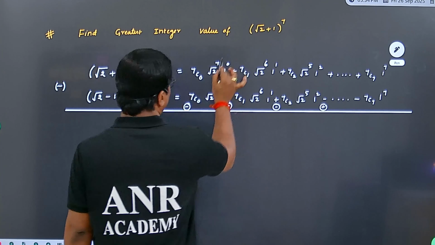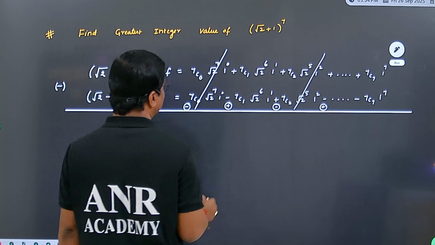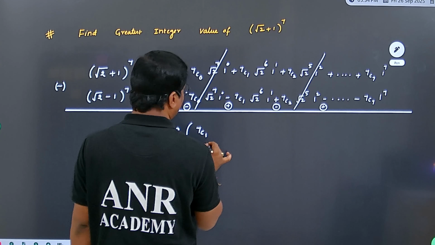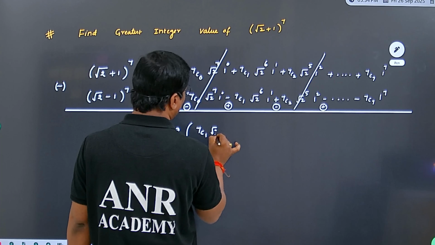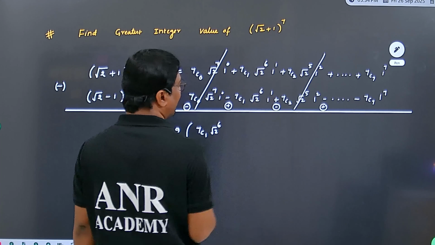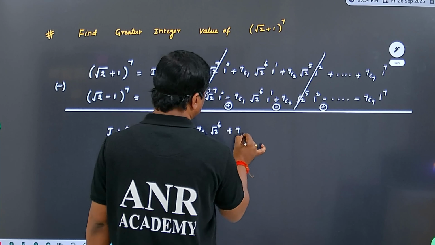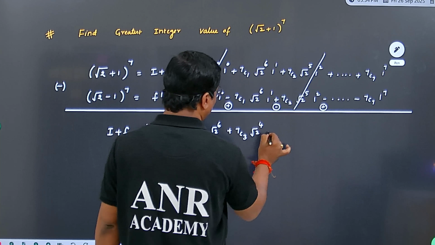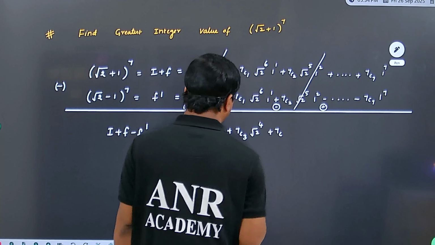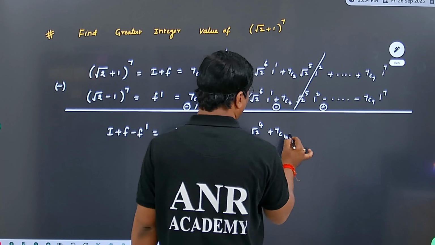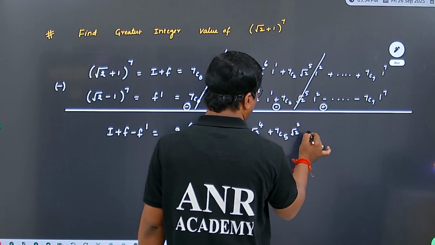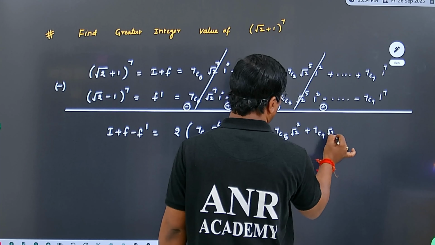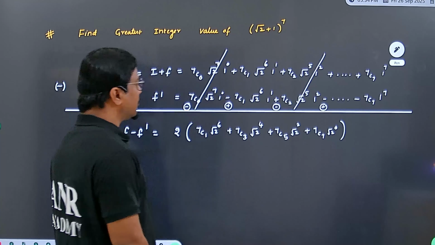We get these two terms cancelled, these two also cancelled. We get 2 times 7c1 root 2 whole power 6 1 power 1, next plus 7c3 root 2 whole power 4, and after that we get 7c5 root 2 whole square, and also we get 7c7 root 2 whole power 0.